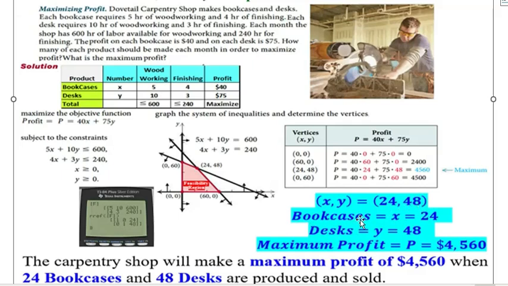So when you make 24 bookcases and 48 desks, then your maximum profit is going to be 4,560. That is, the carpenter shop will make a maximum profit of 4,560 when 24 bookcases and 48 desks are produced and sold.